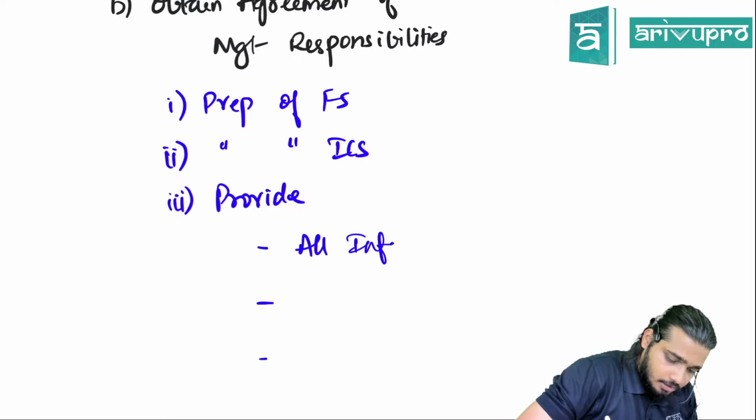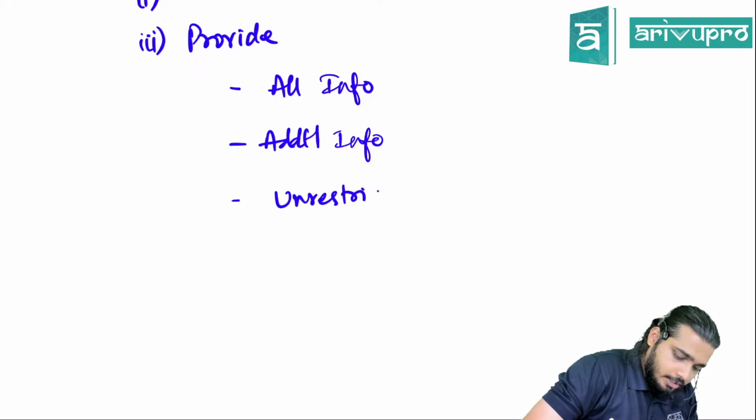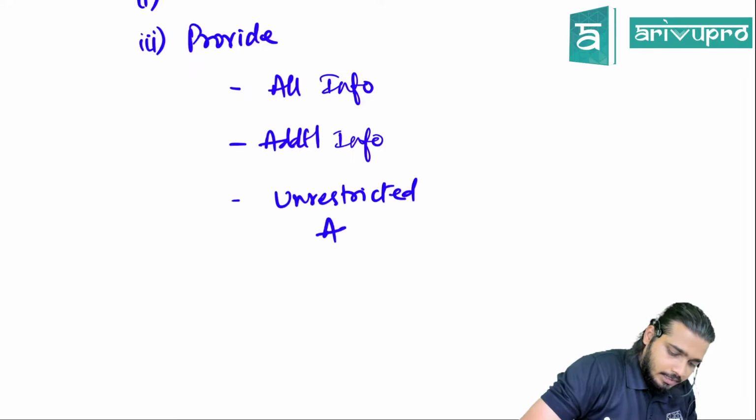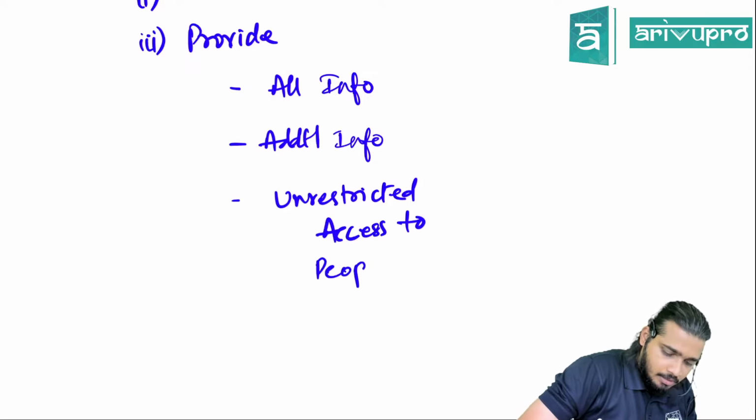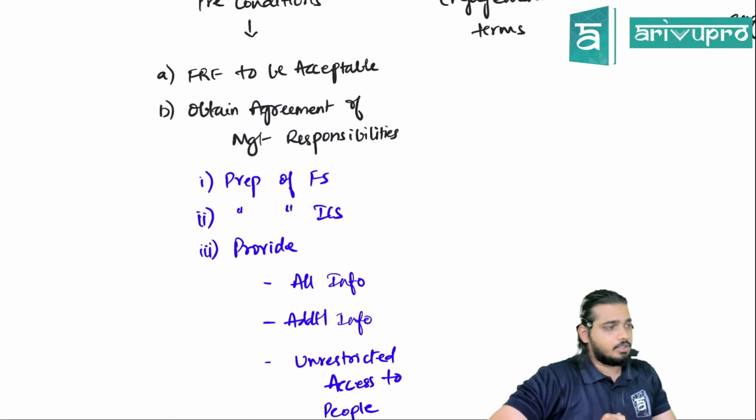All information, additional information, unrestricted access to whom? People within the entity. Within the entity. So this is your preconditions.